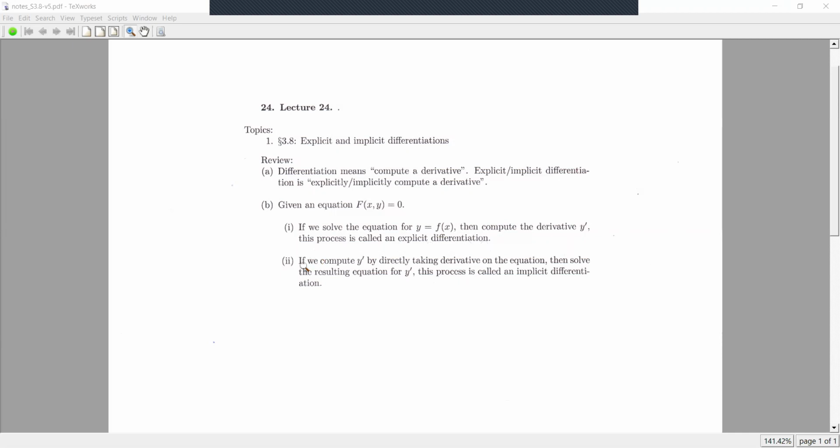On the other hand, if we compute the derivative by directly taking the derivative on the given equation, then solve the resulting equation for y prime, this process is called an implicit differentiation.